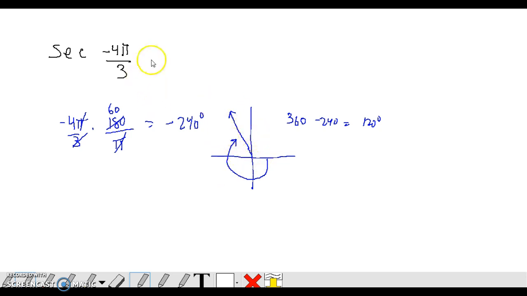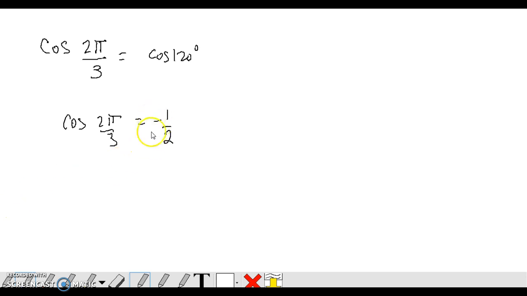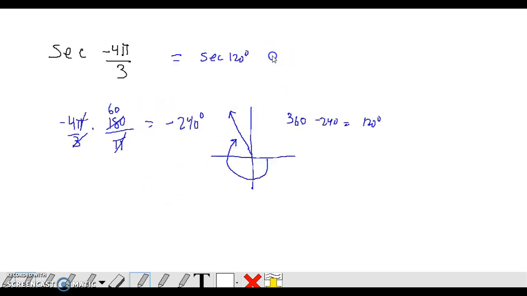So this is equivalent to the secant of 120. And for the secant of 120, we already have our triangle made. Now the secant is the reciprocal of the cosine of 120. We already found that, so we just have to flip it. So this answer is going to be equal to negative 2.